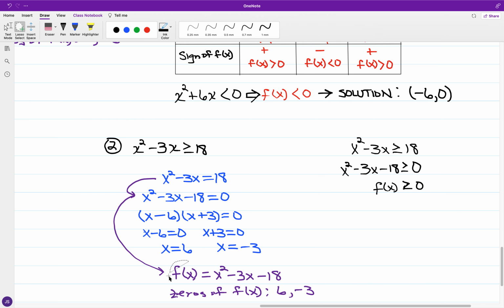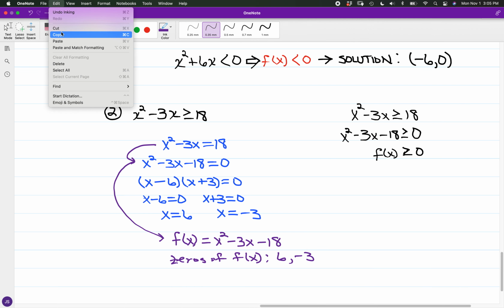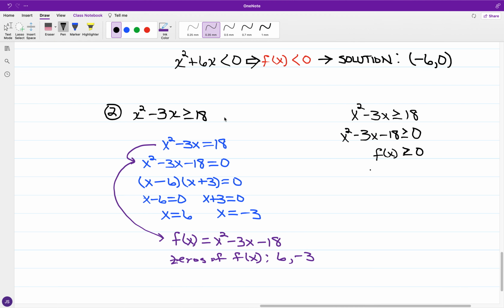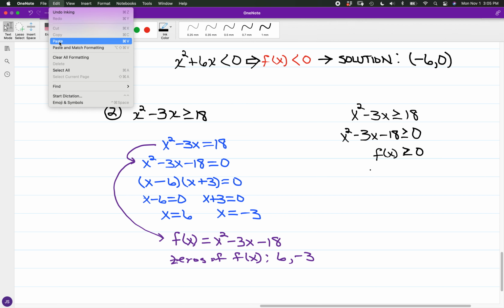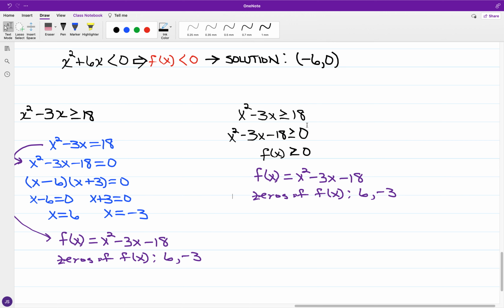And again, we got the zeros at 6 and negative 3.